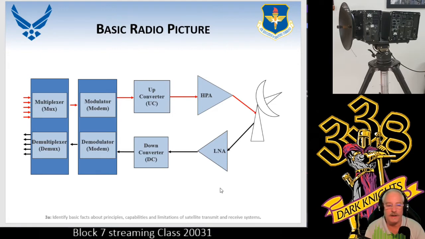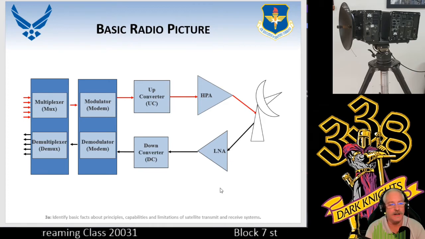You'll notice that coming out of the multiplexer it says MUX. Multiplex, modulate, whatever you want to call it, to the modulator to get modulated on an FM signal, because in fact, I'm going to guess with all SATCOM and wideband, they're all FM.